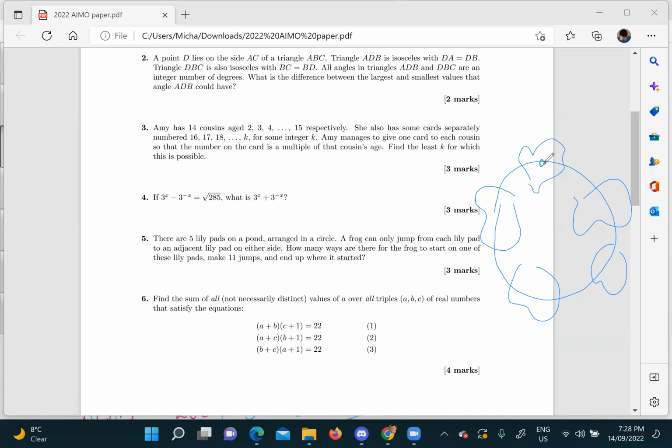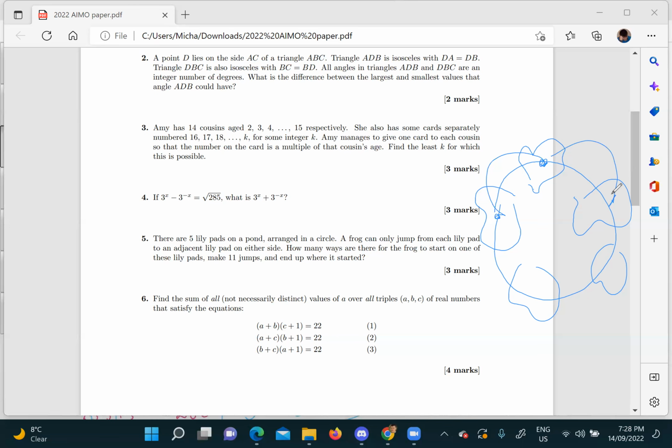So the frog here can only jump to here or here. How many ways are there for the frog to start on one of these lily pads, make 11 jumps, and end up where it started?